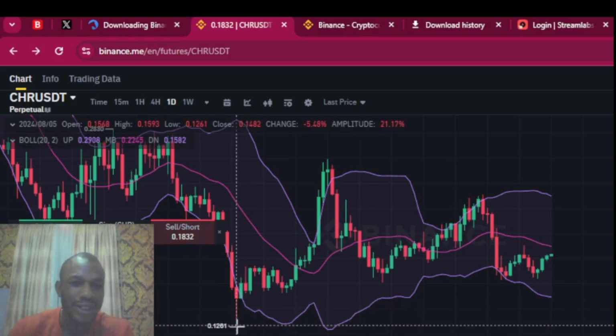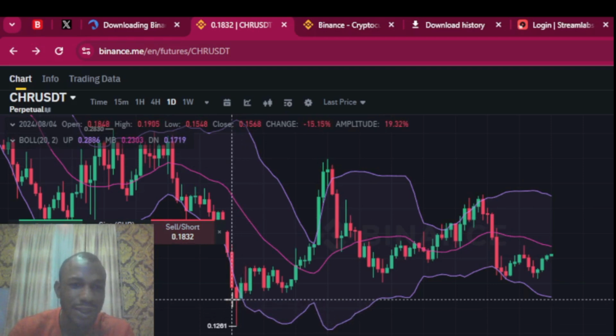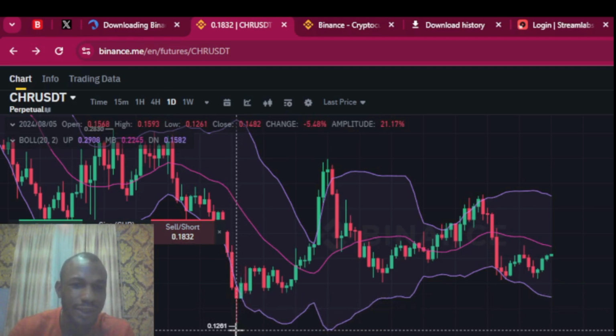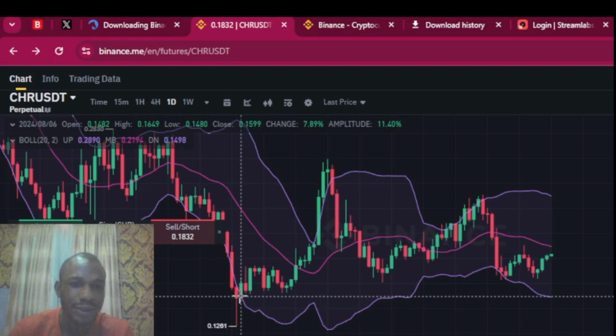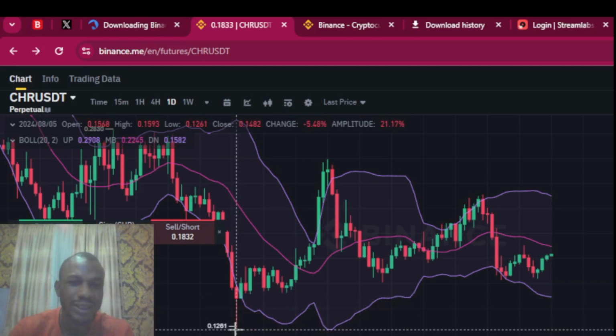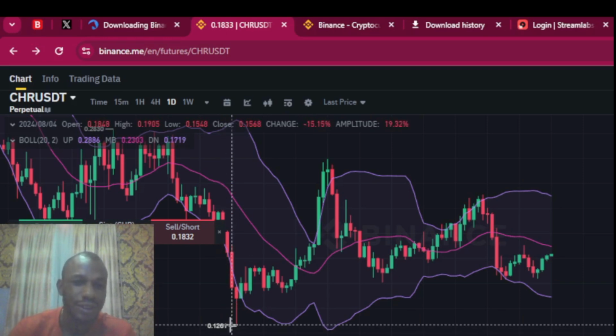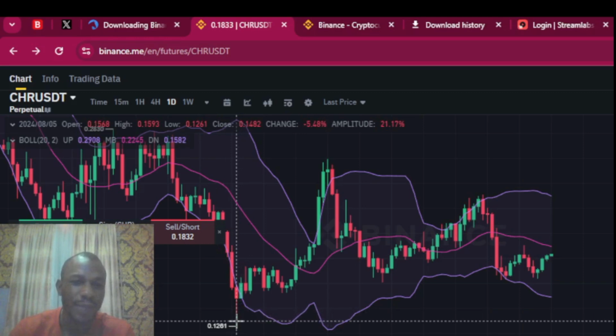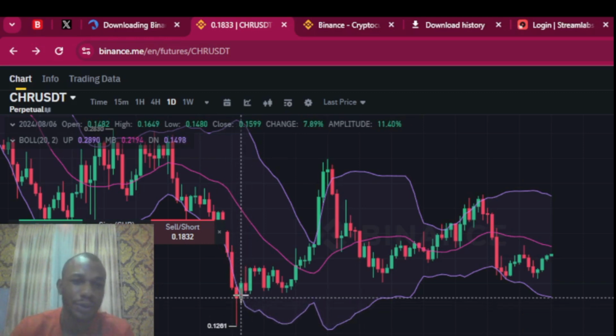Look at this line here, you can see that the red candle crosses below the center line, which is an indicator for you that the market is being overbought here. So it's a good entry point for you.